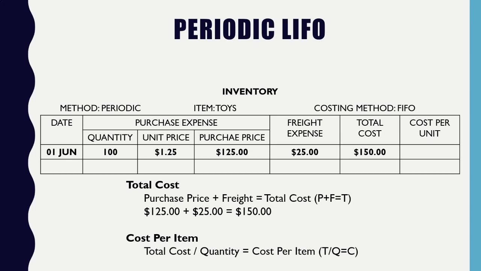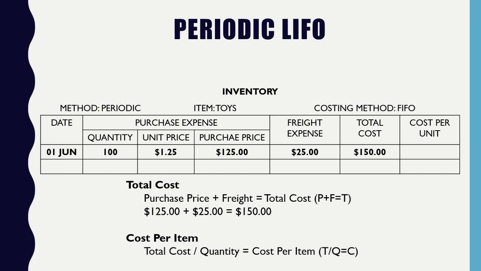Once again, because we are using LIFO, we need to keep track of which batch came first and which batch came last. The cost per item is your total cost, which is 150, divided by your total quantity, which in this case is 100, because this batch is 100 items.